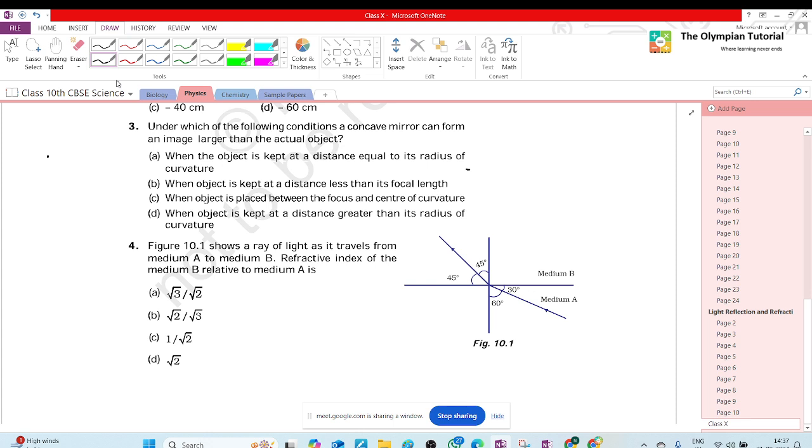What all options have we been given? Kept at a distance equal to its radius of curvature, no. In that case the image will be equal in size. Object kept at a distance less than its focal length. Focus and center of curvature, no. It will be this one, B.